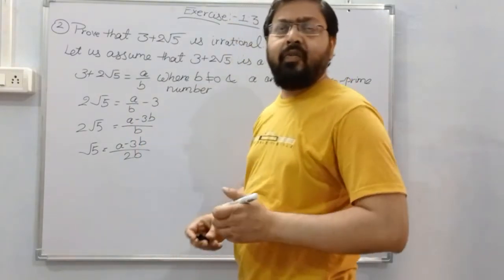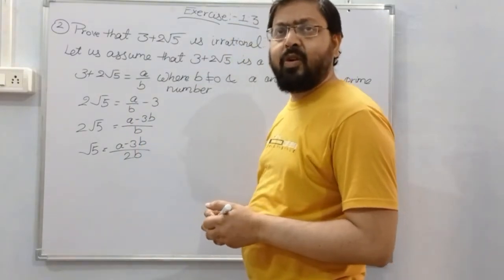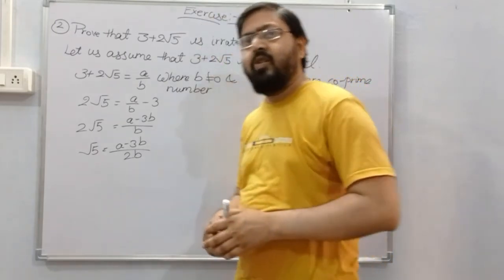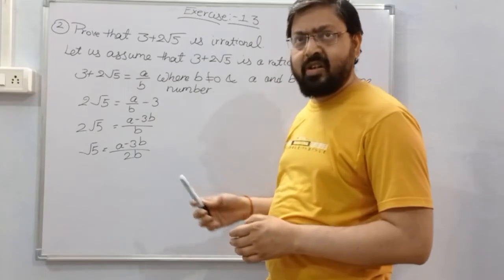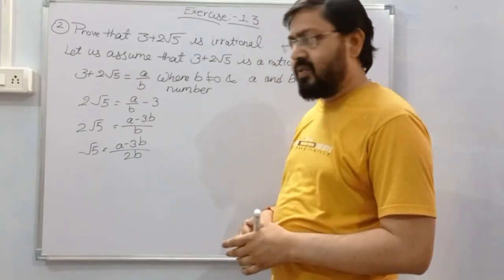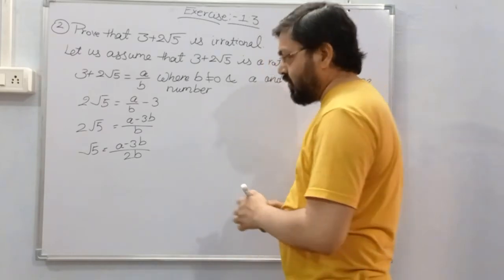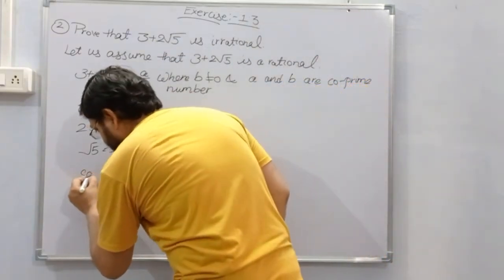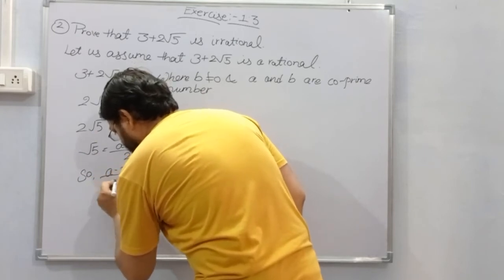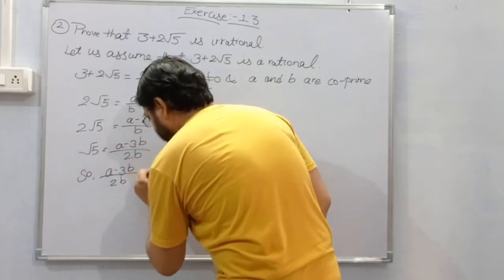As we know, when we subtract a rational number from a rational number, we get a rational number. And again, when we divide a rational number by a rational number, we get a rational number. So (a minus 3b) upon 2b is rational.